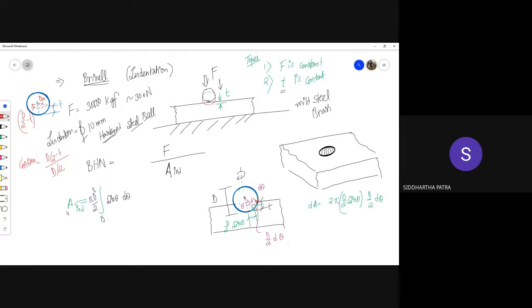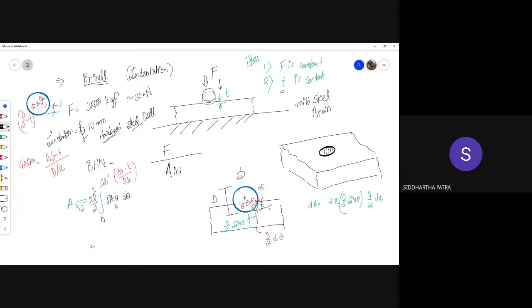So here the limits are 0 to cos inverse of d by 2 minus t divided by d by 2.